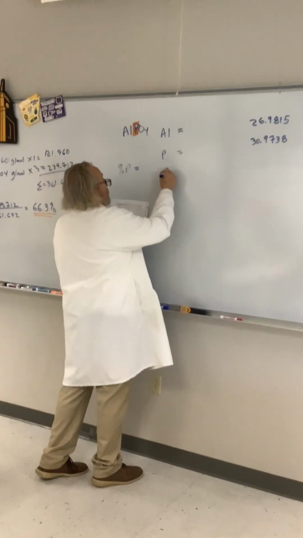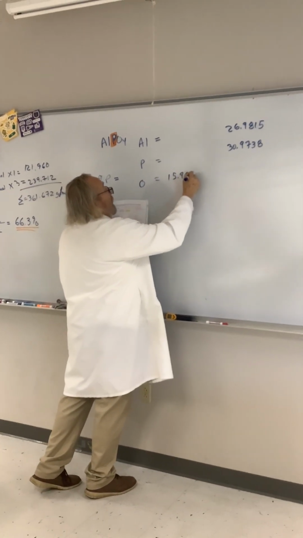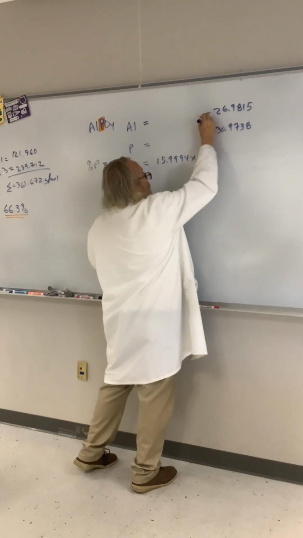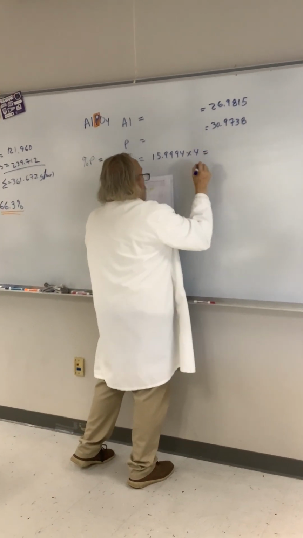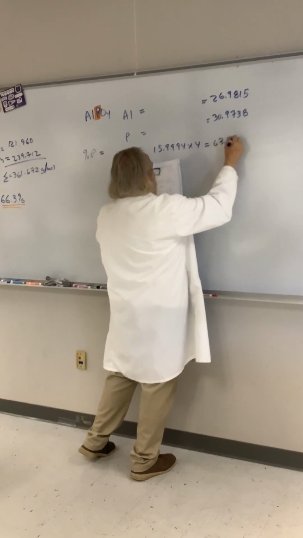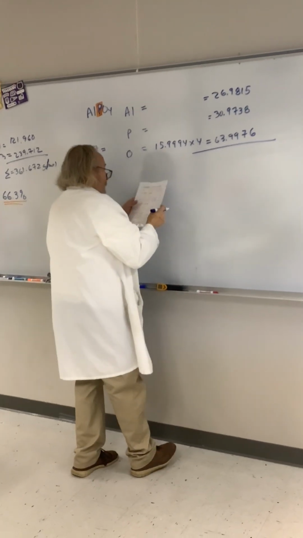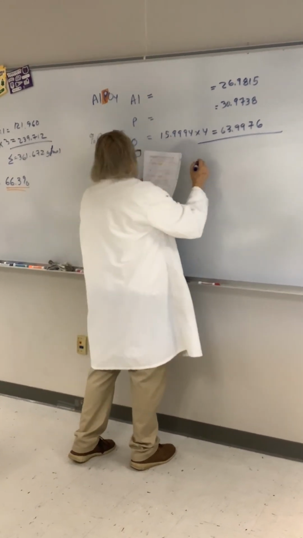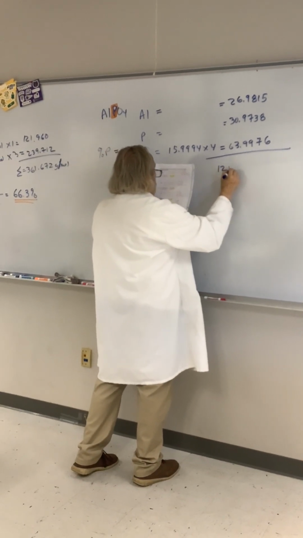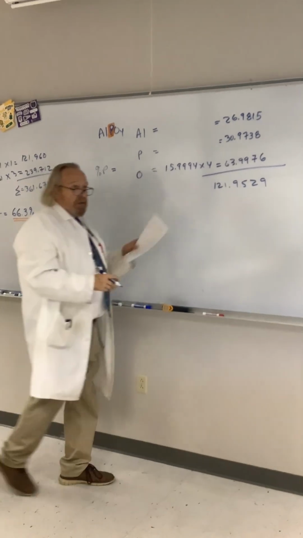Our oxygen has a mass of 15.9994, as we said, but I have 4 of those, so it's approximately 63.9976. We've seen that number several times today. And if you add it all up, the formula mass for aluminum phosphate is 121.9529.